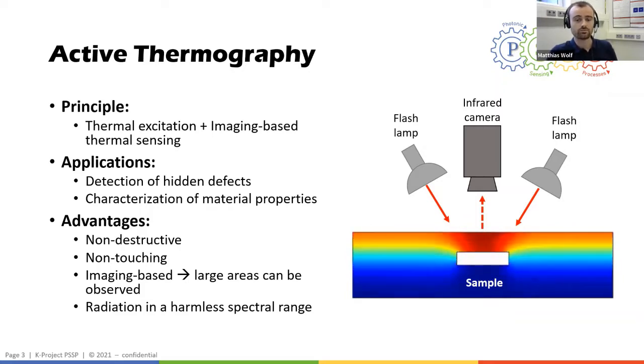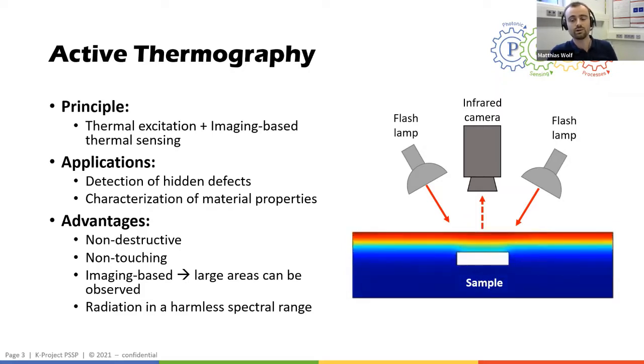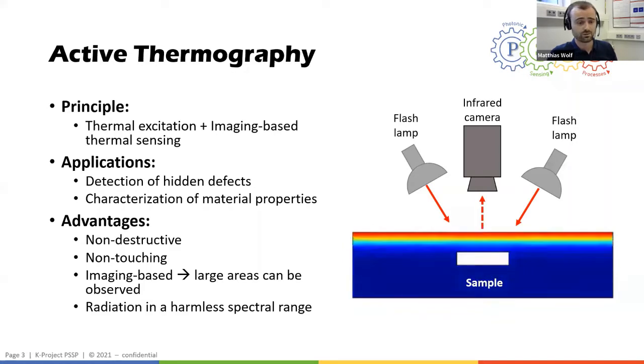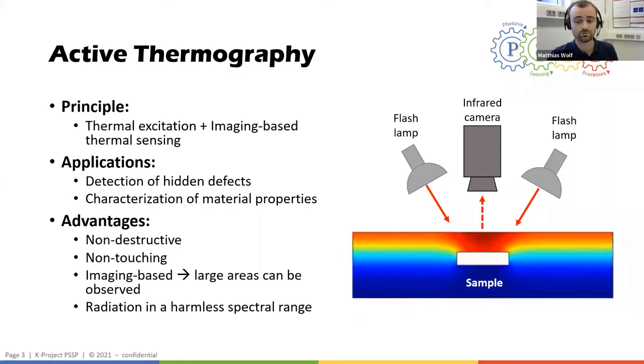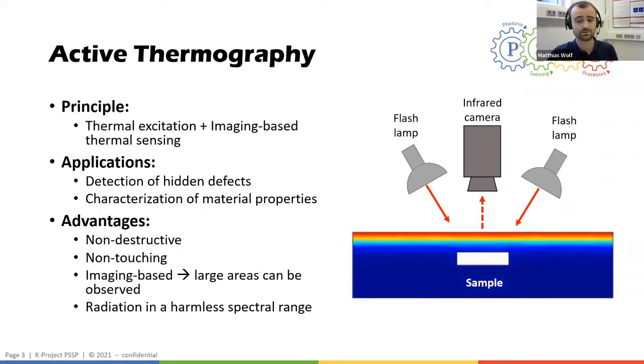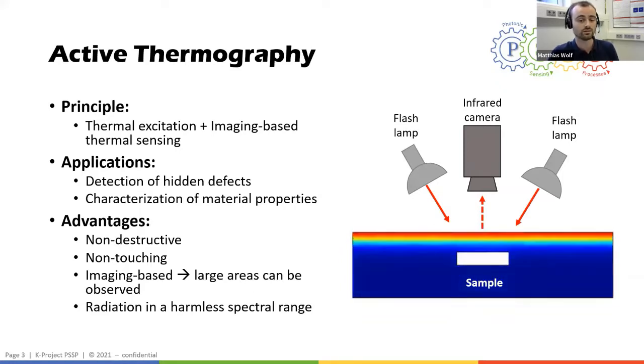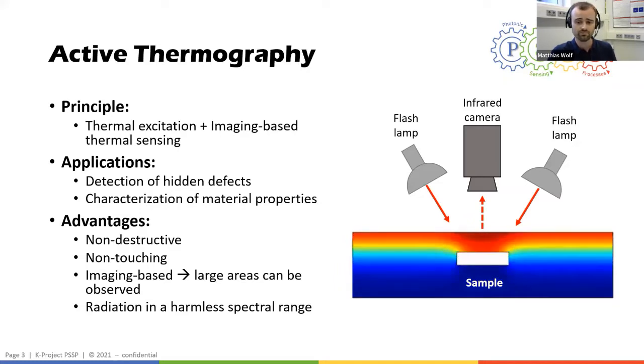That principle is based on the measured transient temperature characteristics being related to thermophysical material properties, but also to flaws that disturb the heat propagation process. To provide a general example, this animation shows one of the most typical applications, which aims to detect a hidden hole inside the sample.